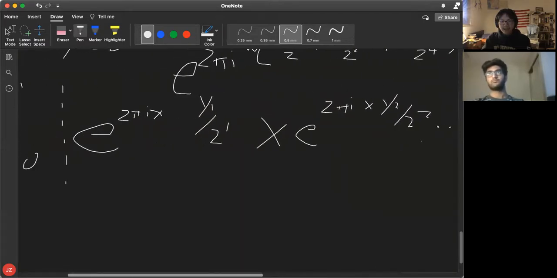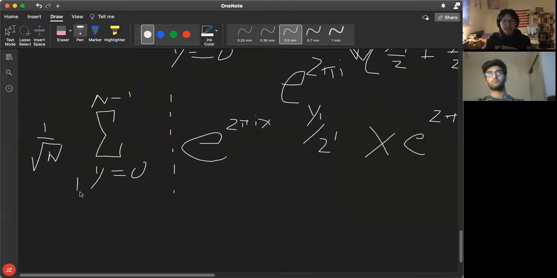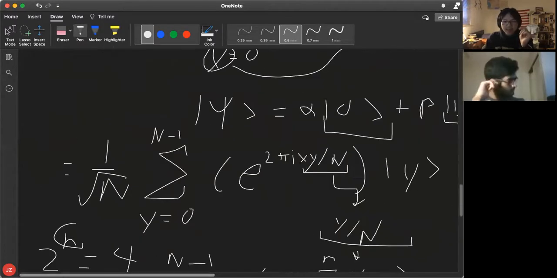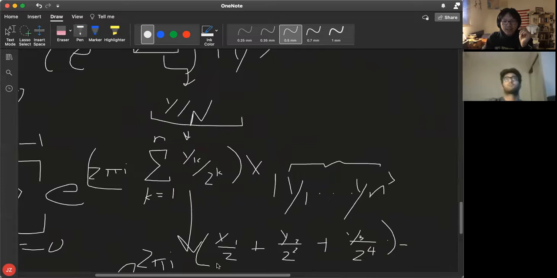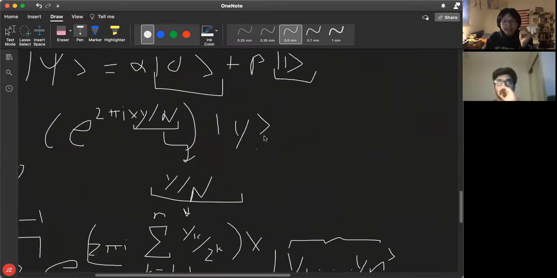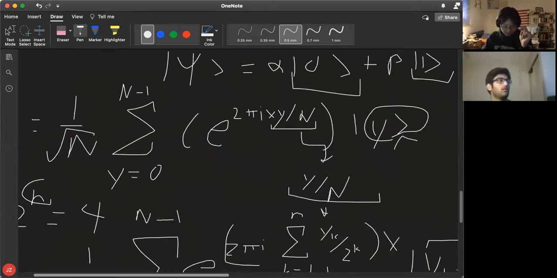Now, here's another thing. I'm going to expand our summation. So what do I mean by expanding our summation? In the very beginning, earlier in the derivation, I noted that we took this ket, which is normally an integer. So normally I'd say this would be y equal to, or maybe I got my indices mixed up here.